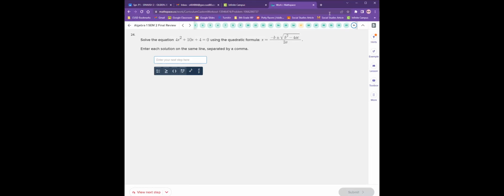So that's negative 10 plus or minus the square root of 100 minus 64, which is 36. Actually, I can simplify that down to 6. It's negative 10 plus or minus 6 over 8. So x equals, let's do plus, negative 1/2, and x equals negative 2.